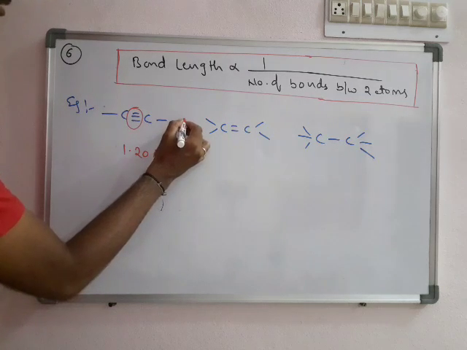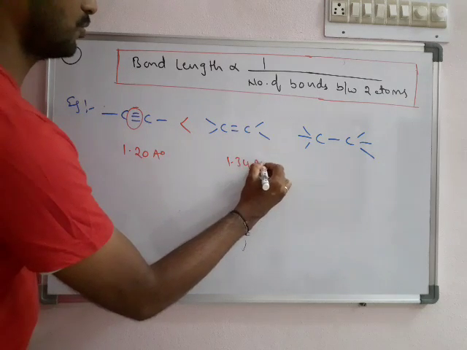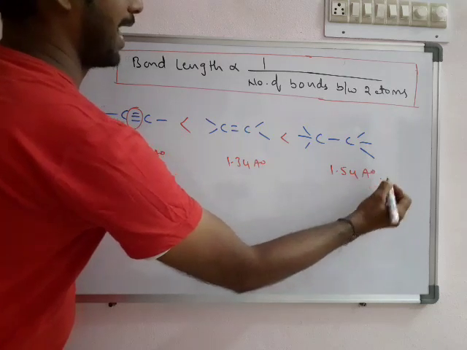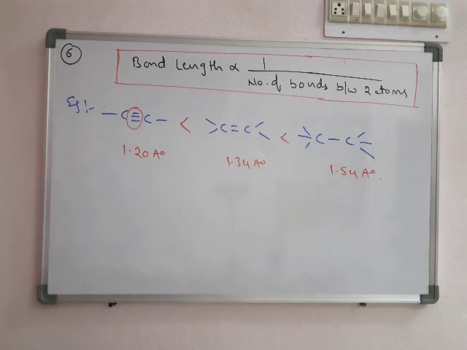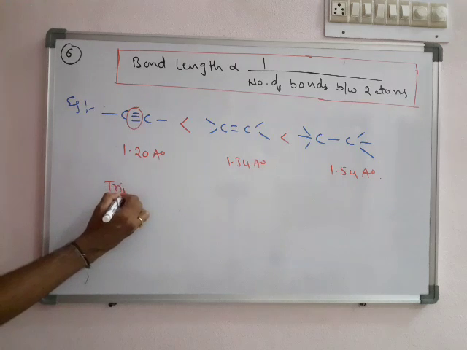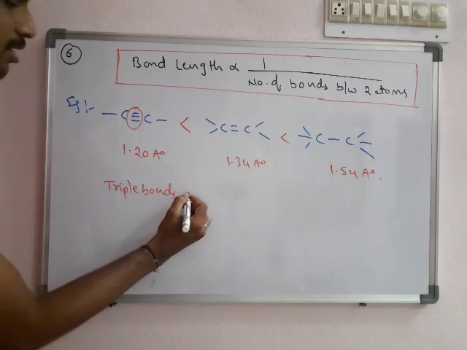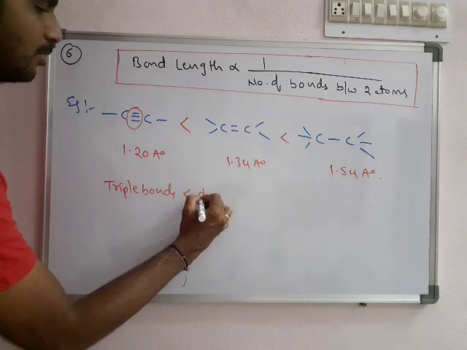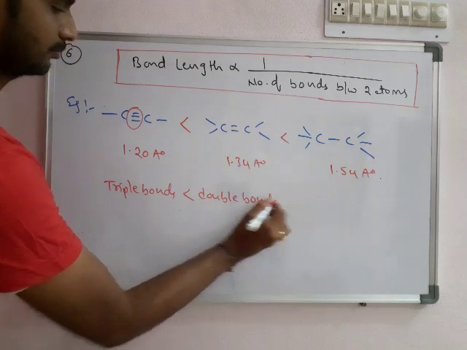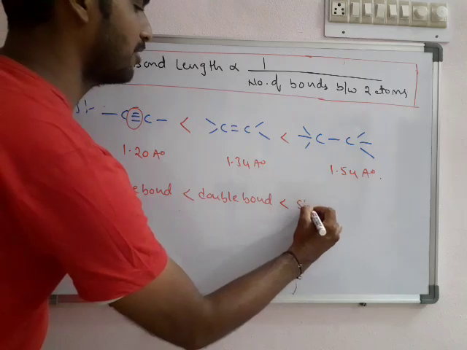It is less than the double bond, which is 1.34 angstroms, which is less than the single bond, 1.54 angstroms. Triple bonds have less length than double bonds, and the higher one is the single bond between two atoms.